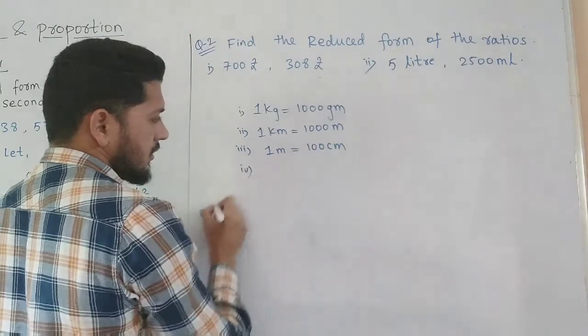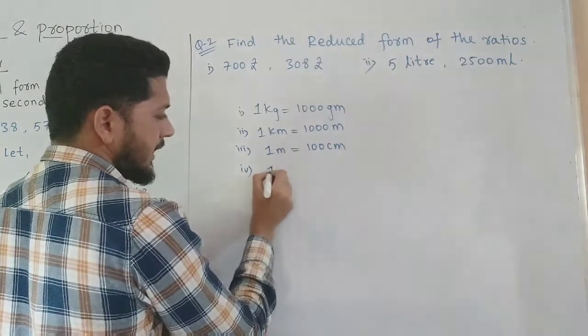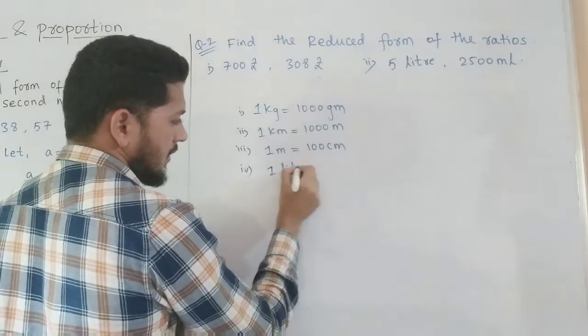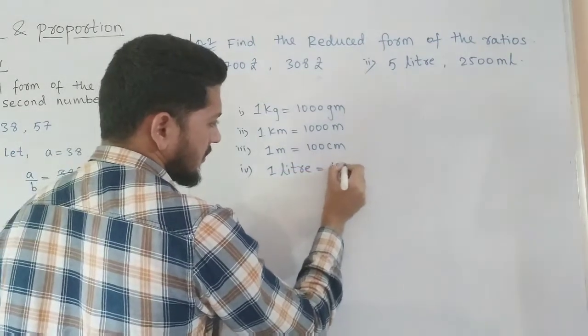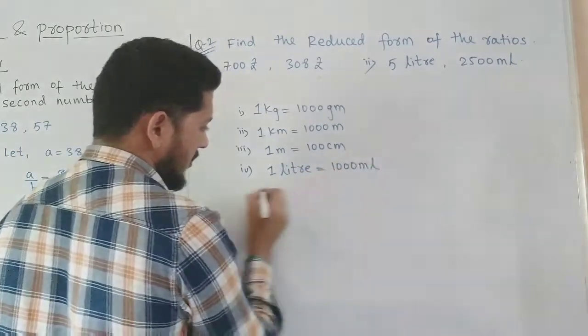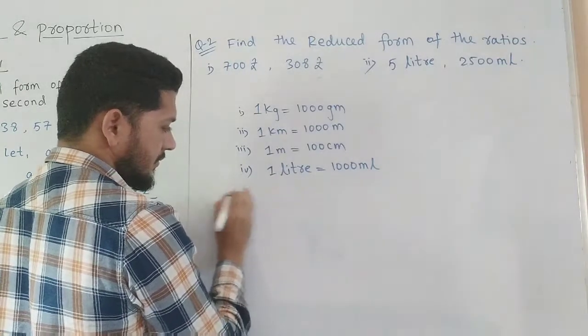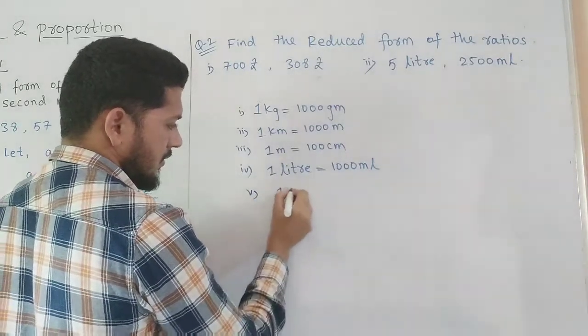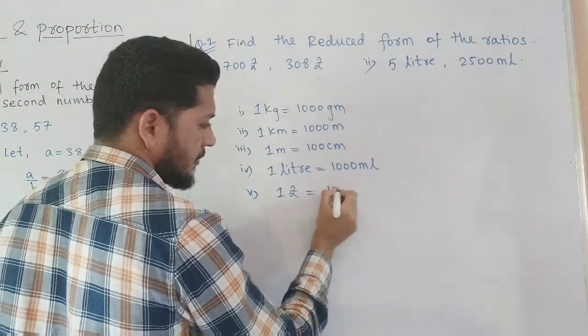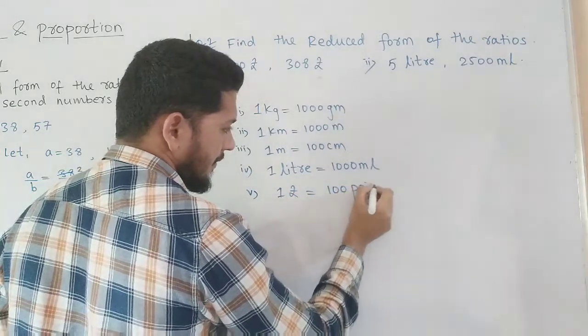And fourth, 1 liter is equal to 1000 milliliters. 1 rupee is equal to 100 paise.